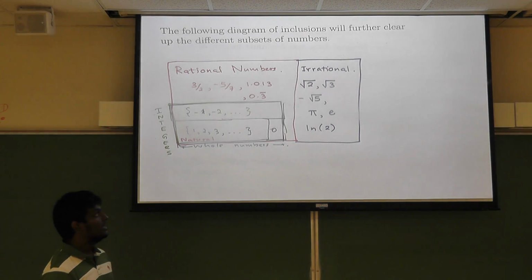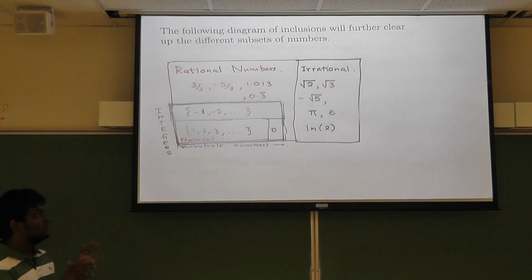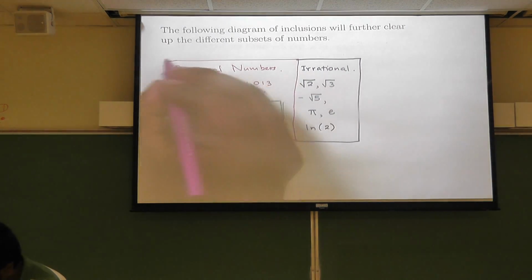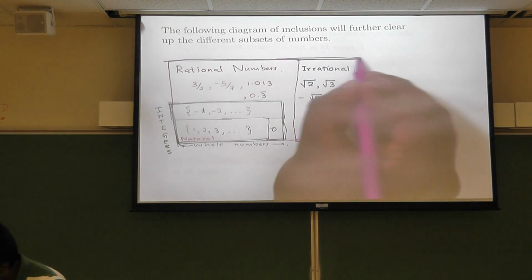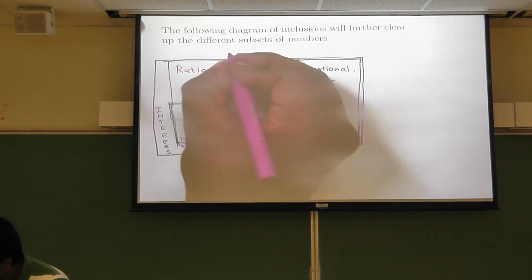These are all irrational numbers. Rational and irrational numbers together make the set of real numbers. So this whole thing is real.